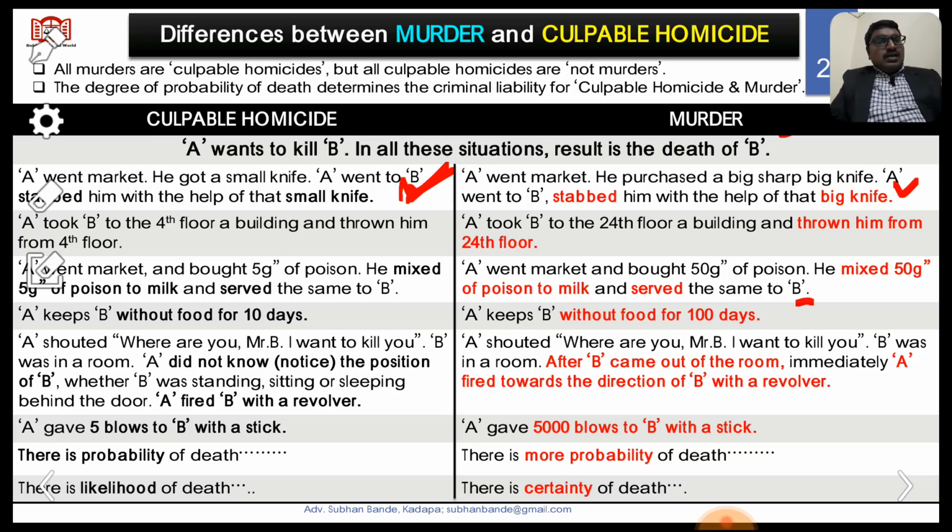In the first situation, there is a probability of death of Mr. B. In the second situation, there is more probability of death of Mr. B when he is stabbed with a big sharp knife. Hence, this one is culpable homicide, and this one is murder.